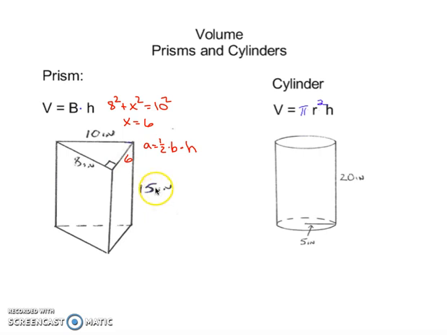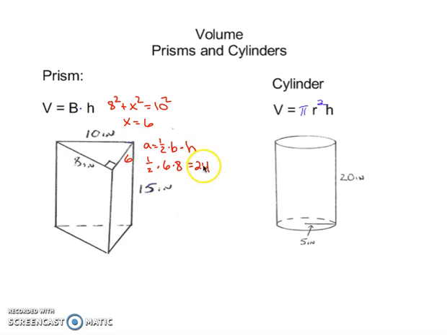So for me to calculate the volume, I would do the area of the base, which is 1/2 times base times height, so we'd have 1/2 times 6 times 8. So half of 6 is 3, and 3 times 8 is 24, so our area of the base is 24.